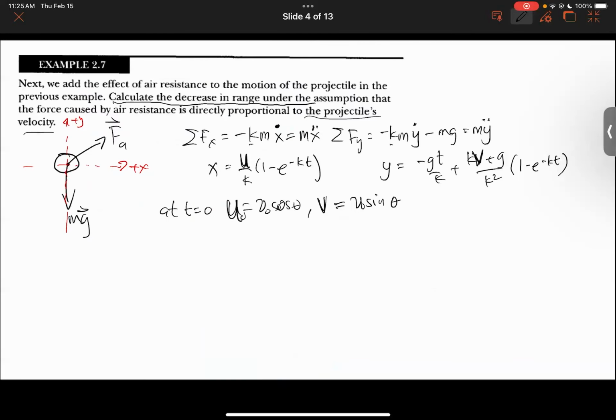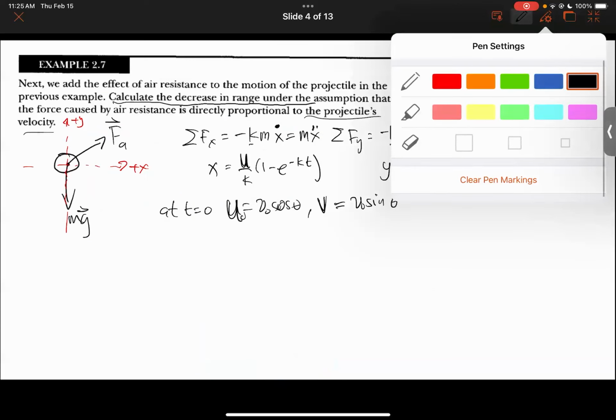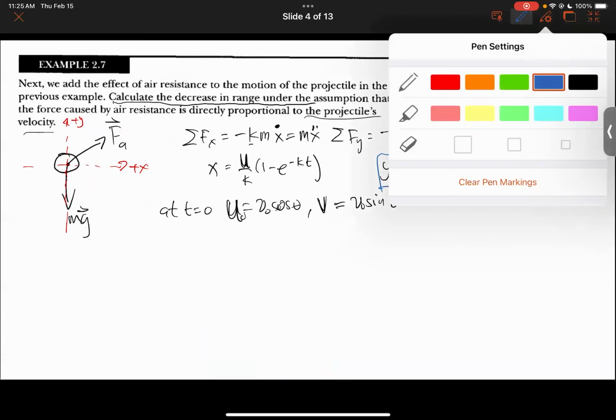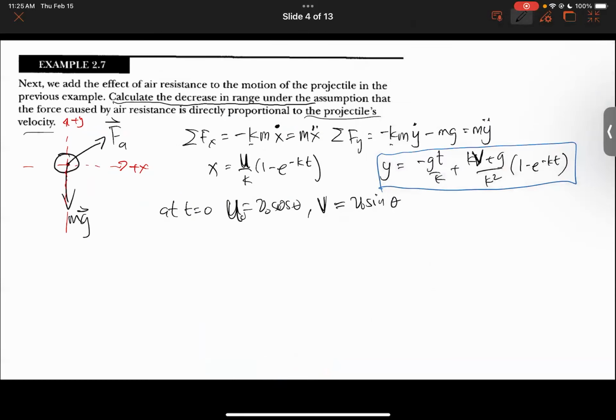Tapos, yung time na masosolve natin, yun yung ipa-plug in natin dun sa x to get for the range. Okay. So if we do that, ito yung expression natin for y. And if we set that to 0, what will we get? Okay. So let's see, we set y to 0. So we get negative gt over k. Okay, ilipat ko na sa kabila, yung gt over k, para positive na siya.